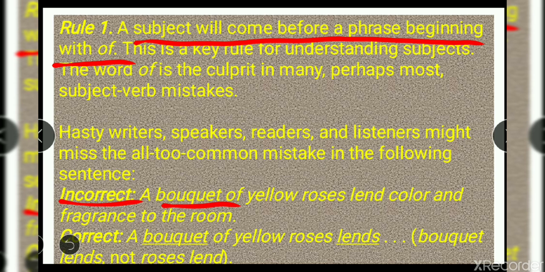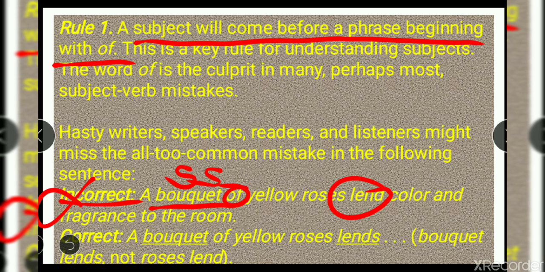A bouquet of yellow roses lend color and fragrance to the room. Here the subject is a bouquet. This is the singular subject, bouquet. Of yellow roses lend color and fragrance to the room. Here the verb being lend.